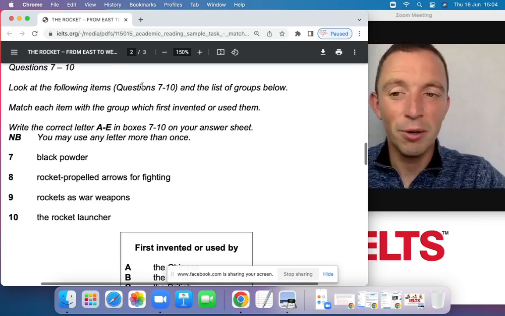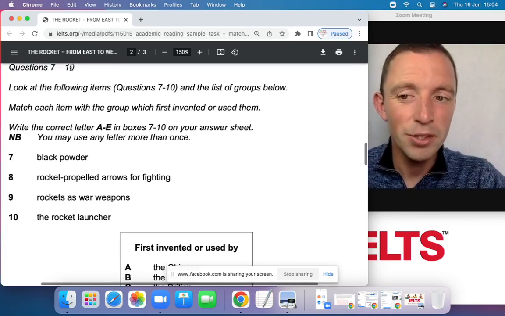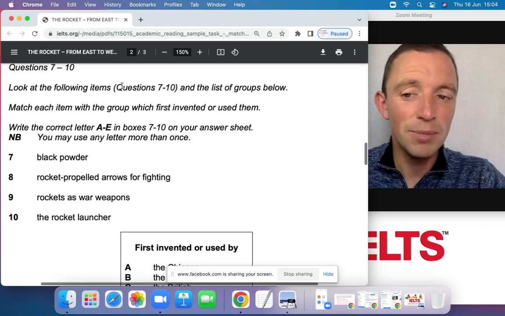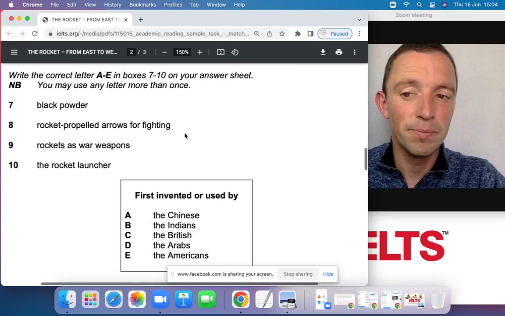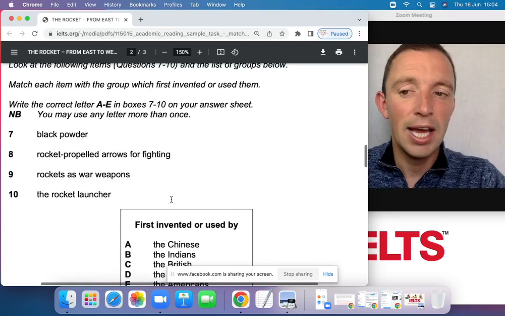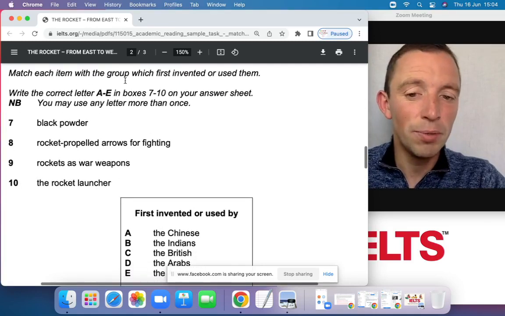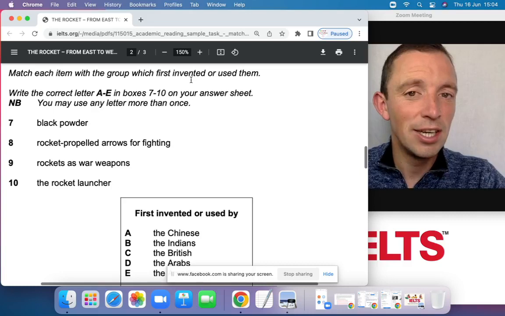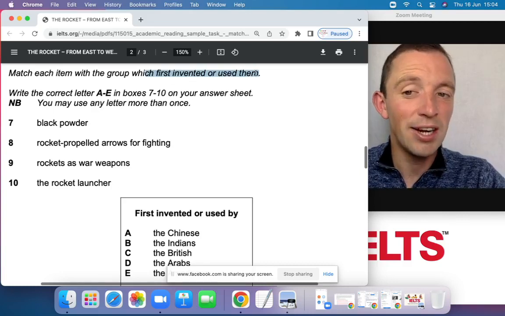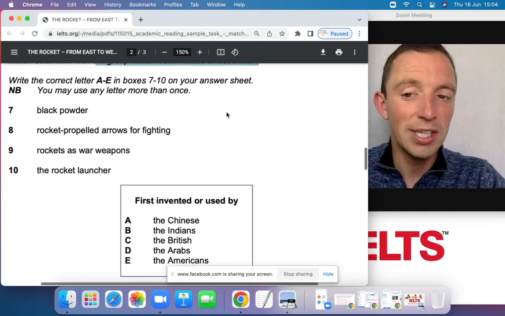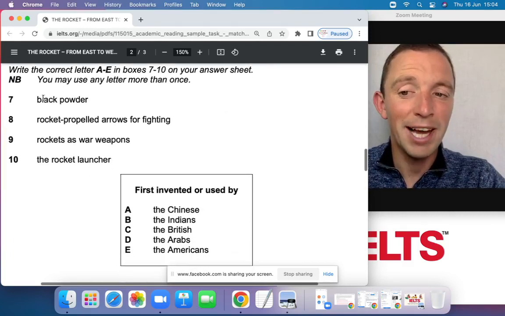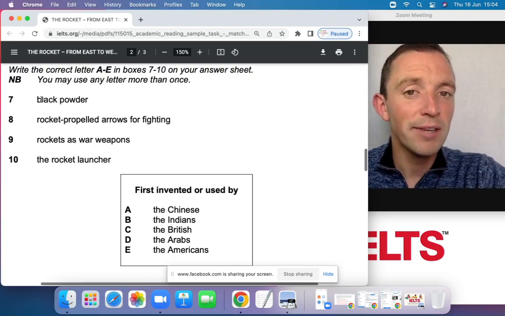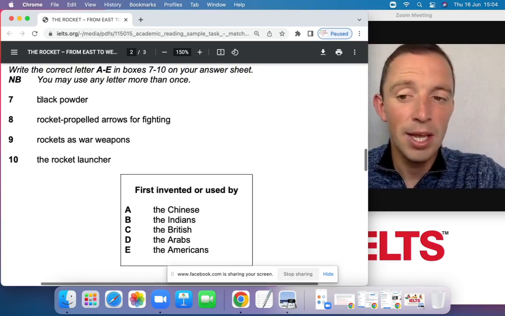Okay, so for questions 7 to 10, look at the following items, and the list of groups below. Match each item with the group which first invented or used them. So the key here is the group which first invented or used them. So for example, black powder. Who were the first group who invented or used black powder?